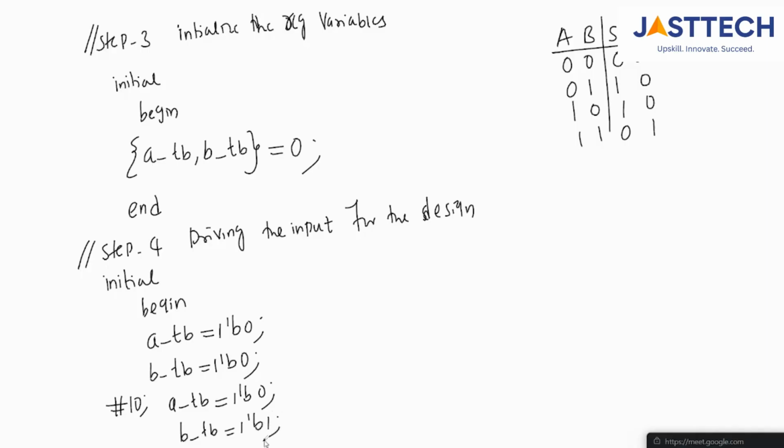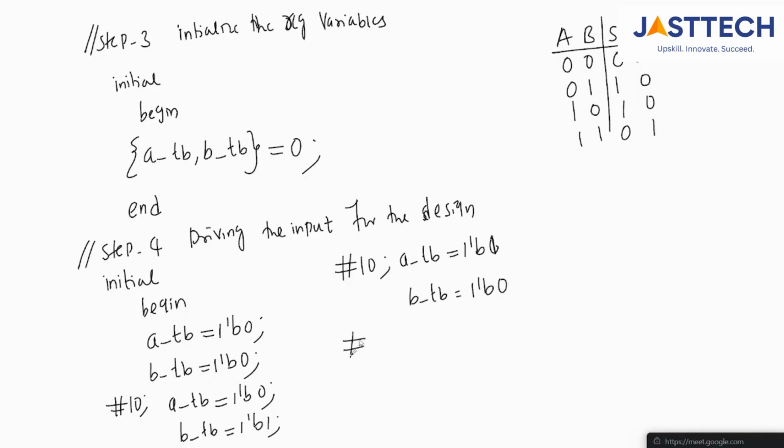Next, this is the continuation after 10 time units. This is nothing but simulation time, I am giving 10 time units. So a underscore tb equal to 1'b1, b underscore tb equal to 1'b0.